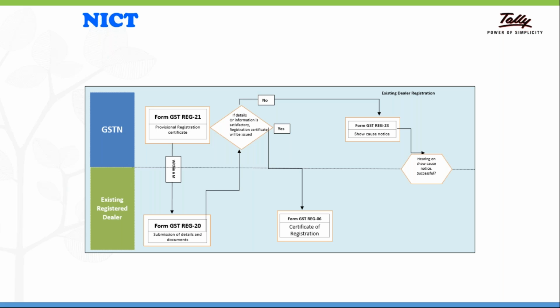Then there is a hearing on the show cause notice. If the causes are not successful, then a cancellation order is given. That means you will not be able to get the GST certificate. If yes, that means you have given all the documents and it is successful, then you will get your registration certificate. You can just take a look. You don't have to write anything down.